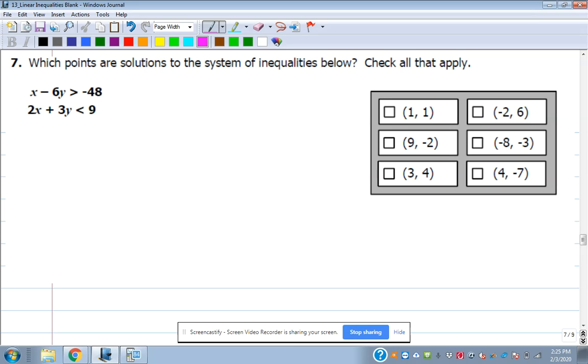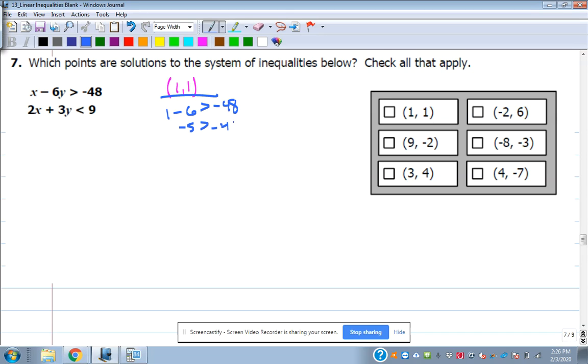So we're going to plug in 1, 1 into the inequalities and decide if it works. If it doesn't work in the first one, you don't have to plug it into the next one because it's already failed. So I'm going to plug 1, 1 into x minus 6y and see if that's greater than negative 48. So 1 minus 6 is negative 5.